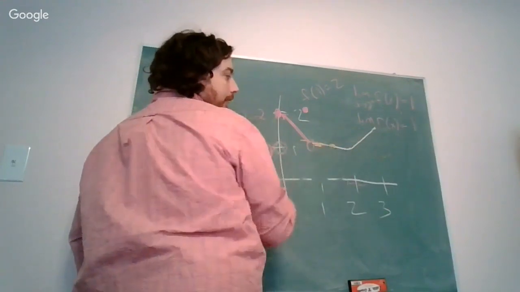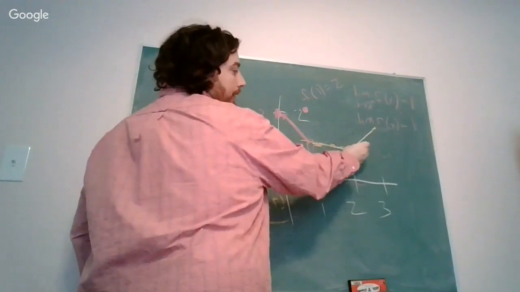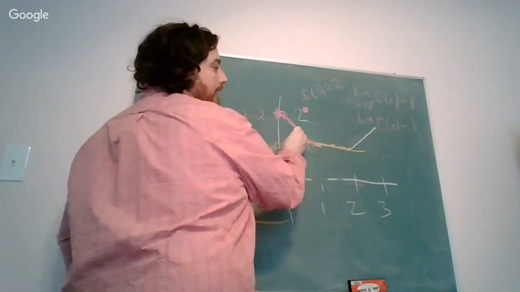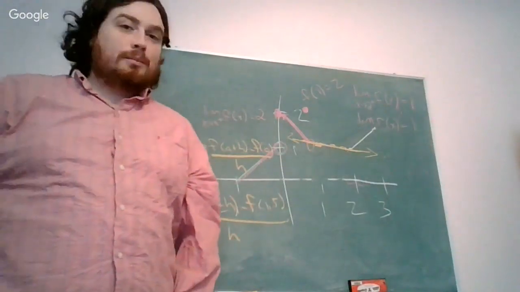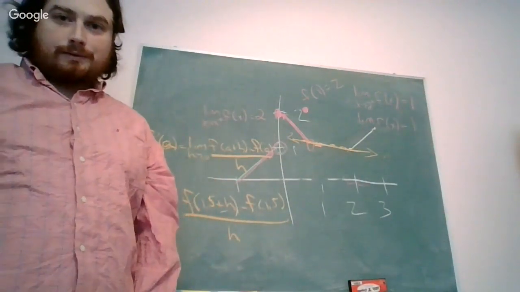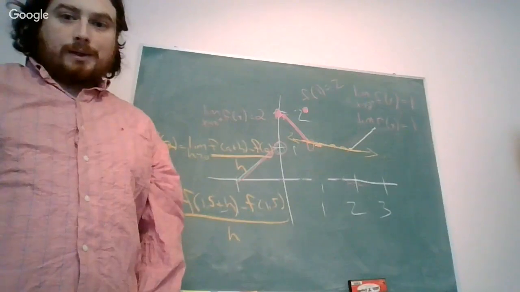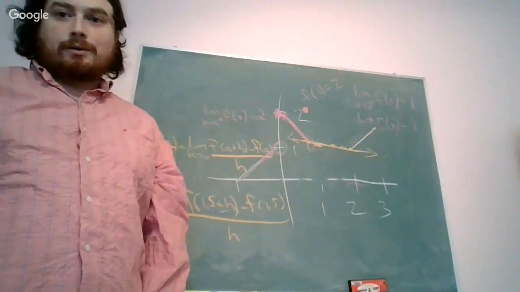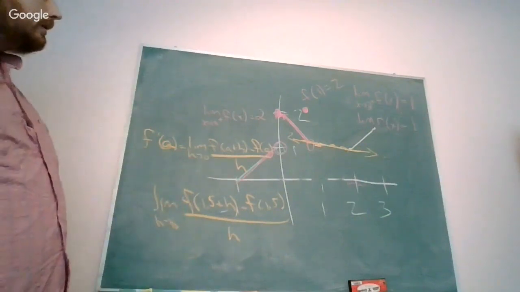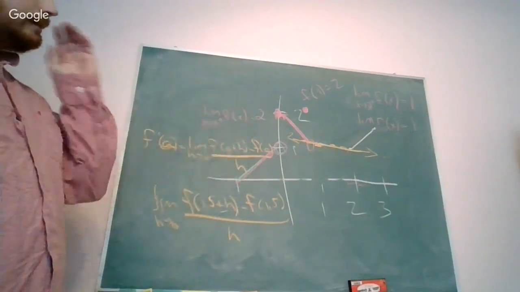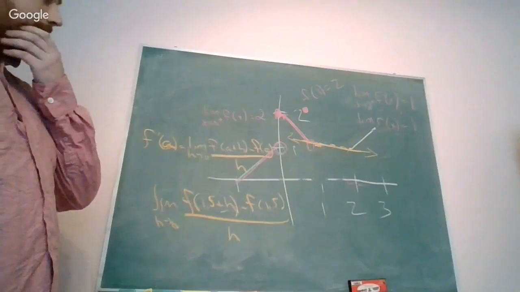Coming in from the left, and coming in from the right, we get this line. So what we get is that as my second point approaches 1.5, the line we're going to get is just a horizontal line through y equals 1. So because it is a horizontal line, the slope then would be 0.